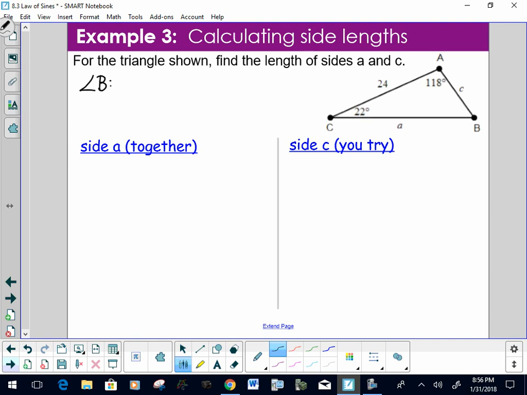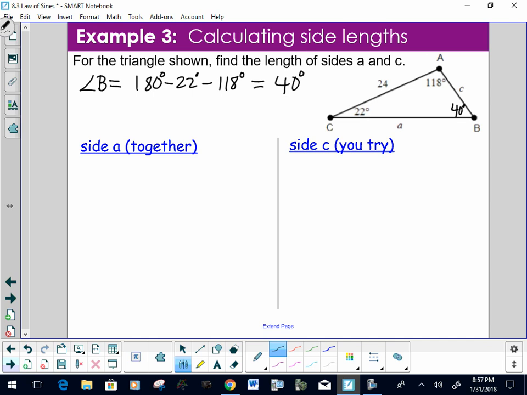So we can calculate angle B by just taking 180 degrees and subtracting the 2 angles that we know. And when we do that, we find that angle B is equal to 40 degrees. So we're going to add that to our diagram. We know that angle B is 40 degrees.